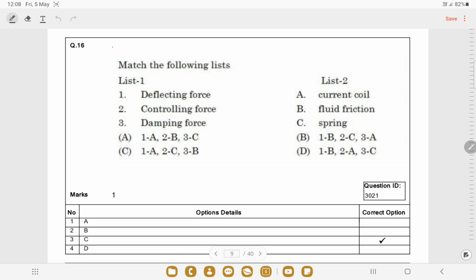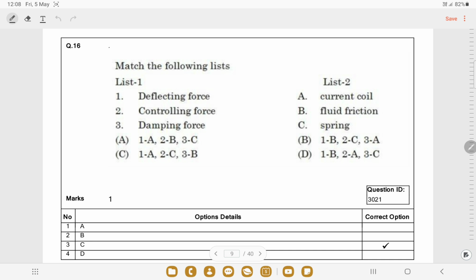Now the next is given here, again the following we have to match. So we have three forces here: deflecting force, controlling force and damping force. These three forces are used in the instruments. So deflecting force is used to deflect the pointer. So it will be because of the base option, a current coil. Now controlling force acts in opposition to the deflecting force.